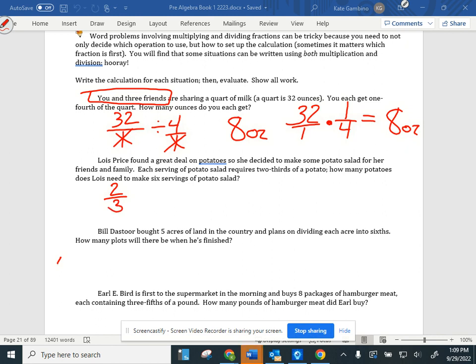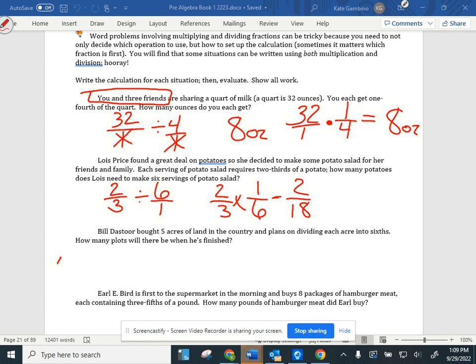So 2/3 divided by 6 is the same as saying 2/3 times 1/6. So that would give me 2/18. So is that how many potatoes I need? Is 2/18 of a potato?